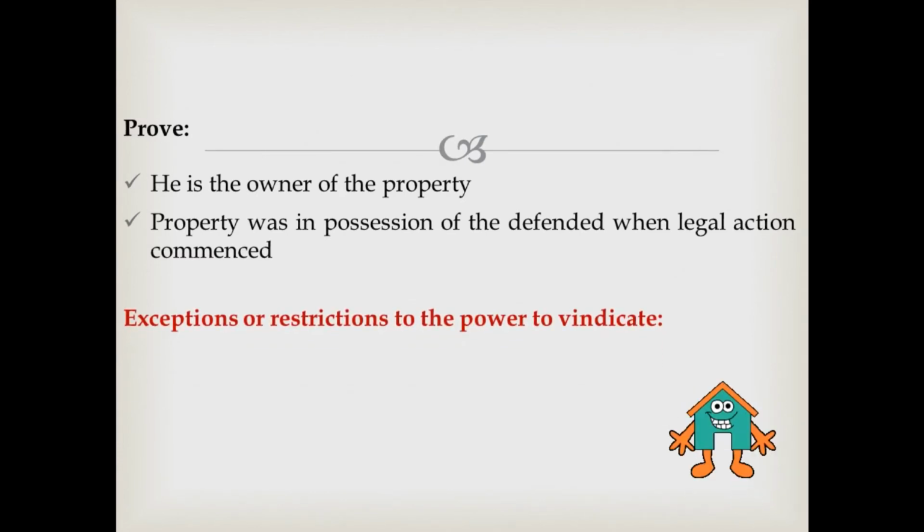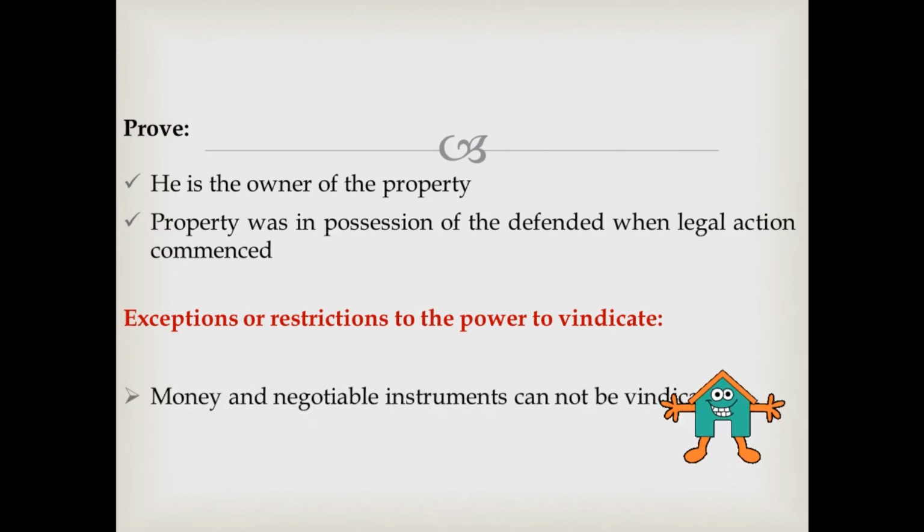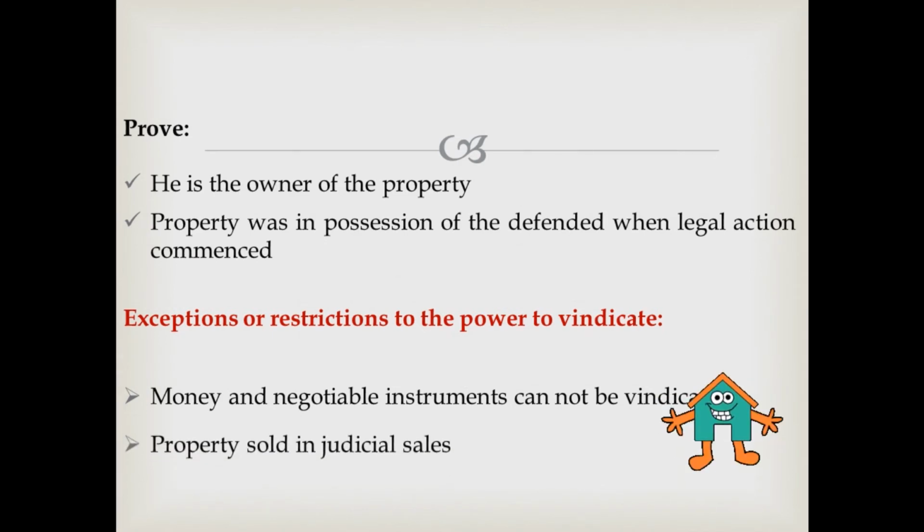There are exceptions or restrictions to the power to vindicate. Money and negotiable instruments cannot be vindicated. One can never get the exact notes he had, as this would disturb the whole flow of money. Then property sold in judicial sales cannot be vindicated also.